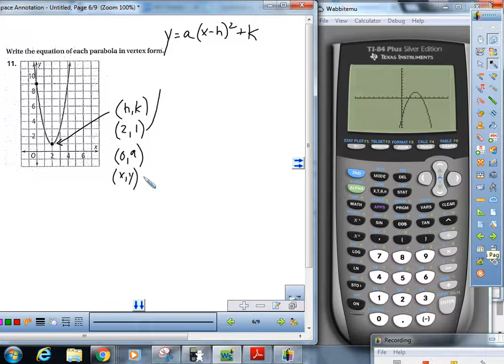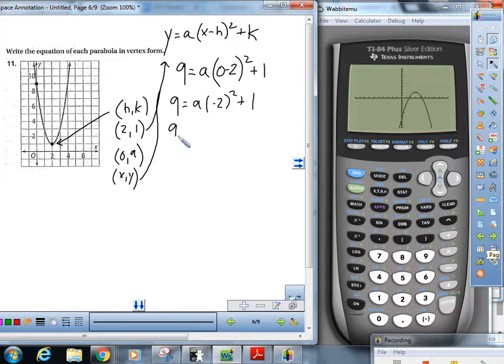So then we take all this information and we plug it into the above equation. So y is 9. We don't know a. We're trying to find it. x is 0. h is 2. And k is 1. We're going to solve that bad boy for a. So 9 equals a times negative 2 squared plus 1. 9 equals, I hate a's because they look like 9s, and that's just dumb. a times 4 plus 1.